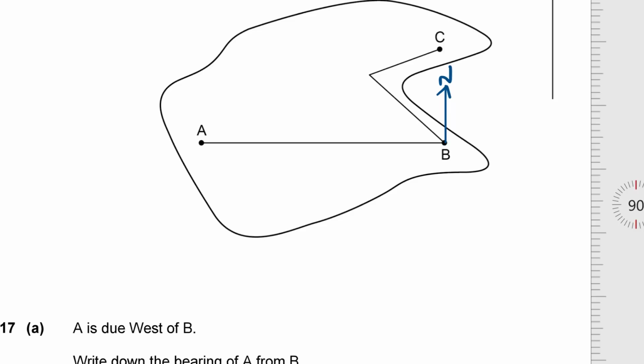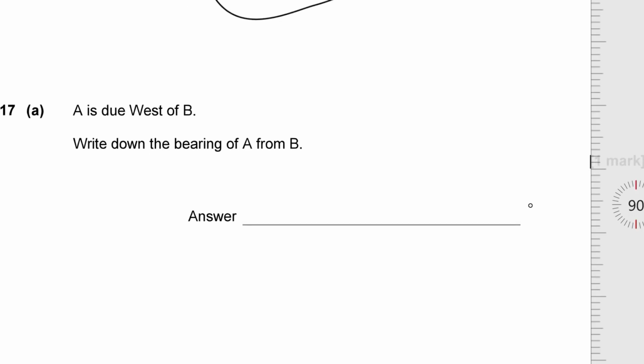So if I want to walk from B to A, I'm going to be heading in this direction. Okay, which is 3/4 of a turn, isn't it? So 3/4 of 360, or 90, 90, 90, it's going to be 270 degrees. So the bearing of A from B is 270 degrees. Just take careful note of this language of from, just to make sure you know where your starting point is and the direction you're going.